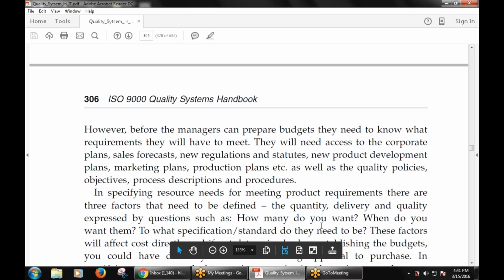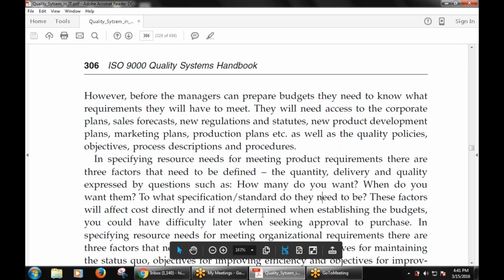How many do you want? When do you want them? And to what specification standard do they need to be? So what are the various specifications and standards that they need to meet?